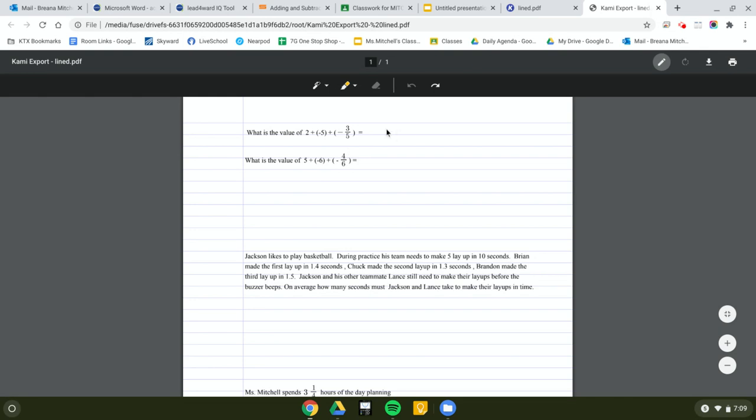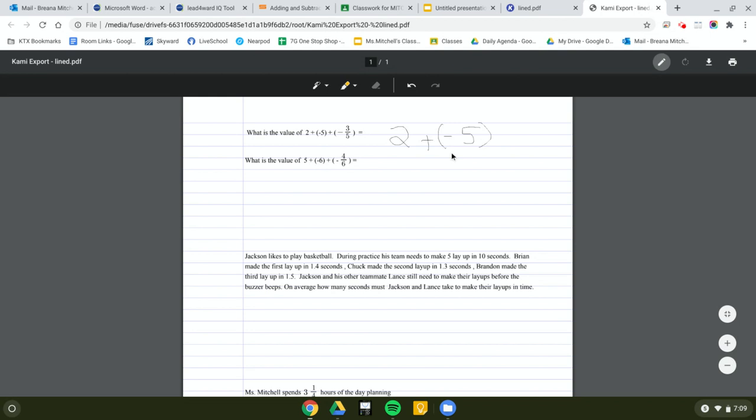So the first thing we're gonna do, we're gonna take 2 and we're going to add that to -5. Now, the first thing you need to remember is you have to take the absolute value and subtract them, okay?